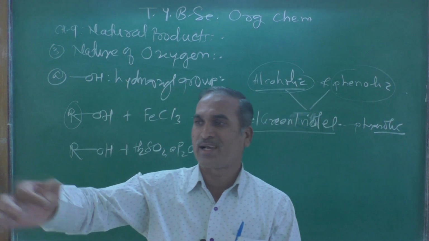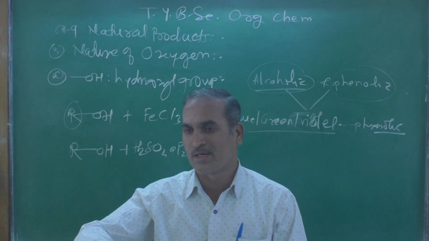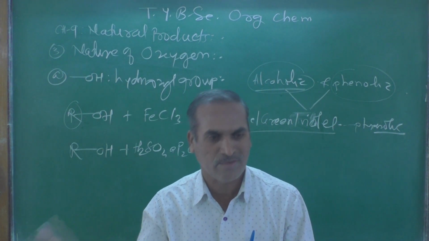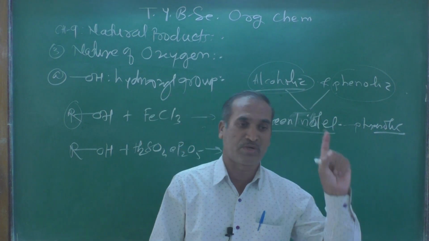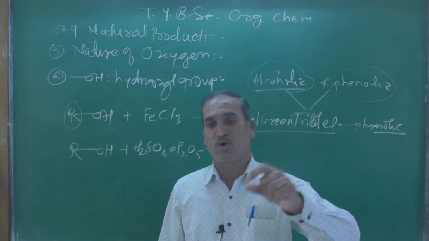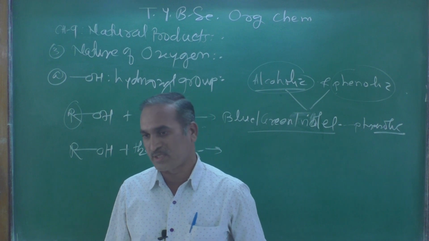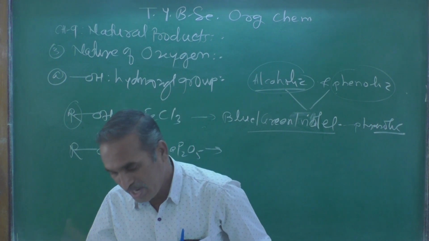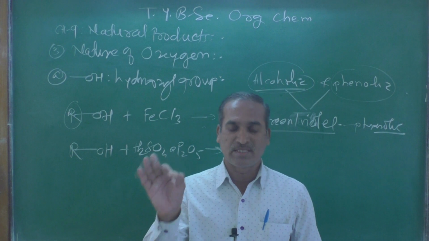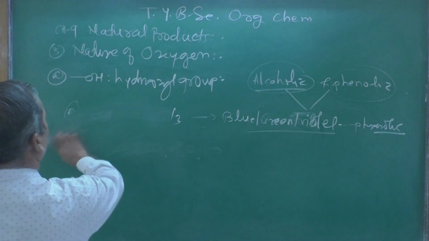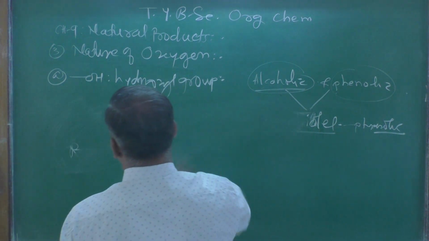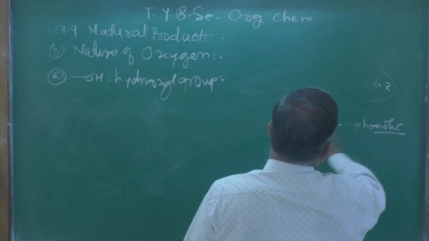If it gives a blue, green or violet color, whatever it may be, that clearly indicates the given compound is phenolic, meaning aromatic hydroxyl groups are present, and by this method we can easily detect the alcoholic and phenolic nature of the alkaloids.